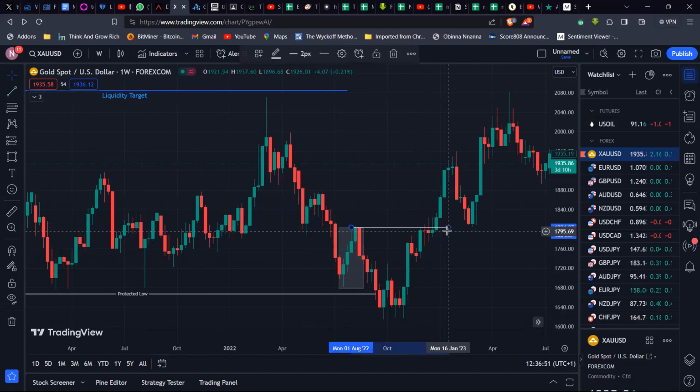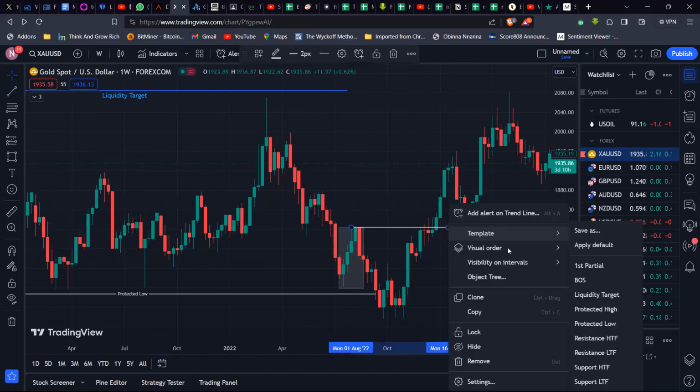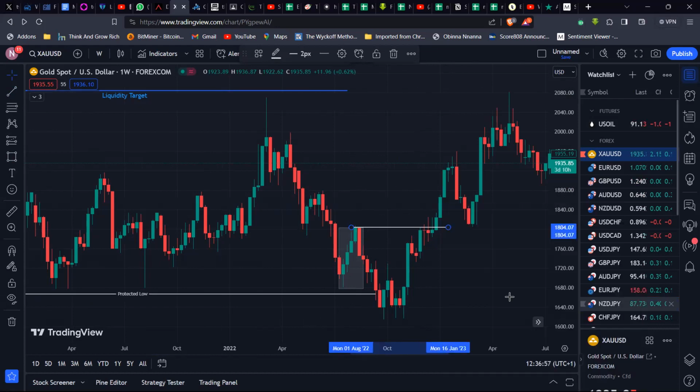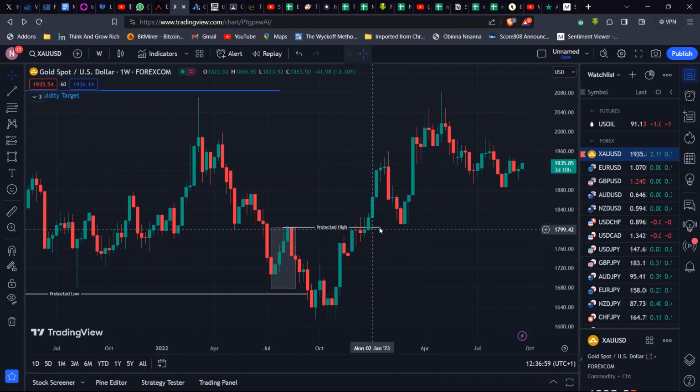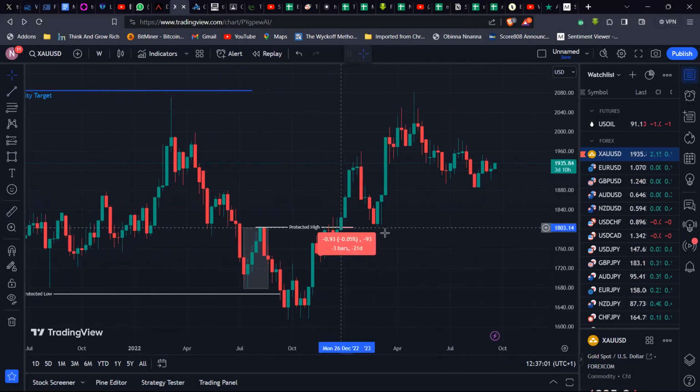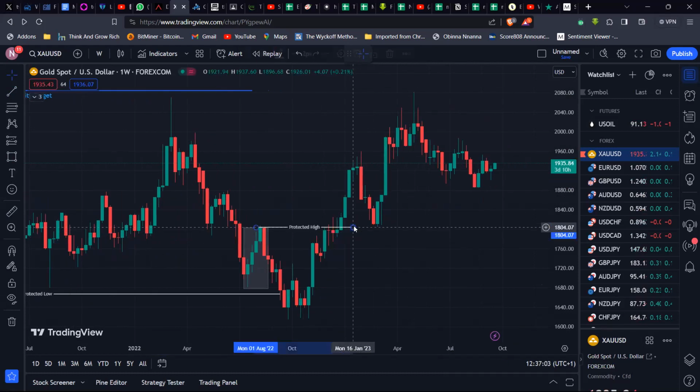So here should be the protected high, meaning if the market really wants to stay bearish, it should not close above that high, right? Okay. So that should be the protected high.